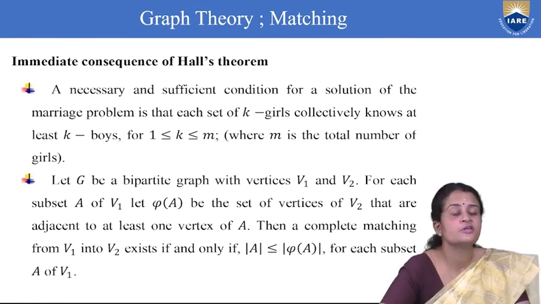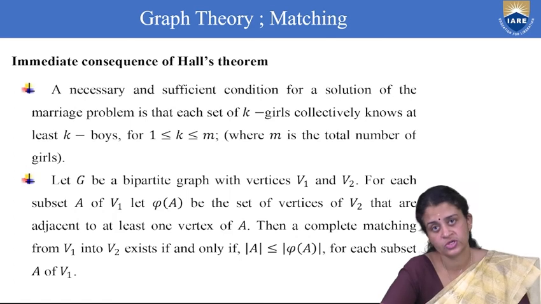An immediate consequence of Hall's marriage theorem is that the necessary and sufficient condition for the solution of a marriage problem is that K girls should collectively know at least K boys, where K lies between 1 and m, where m is the maximum number of girls.